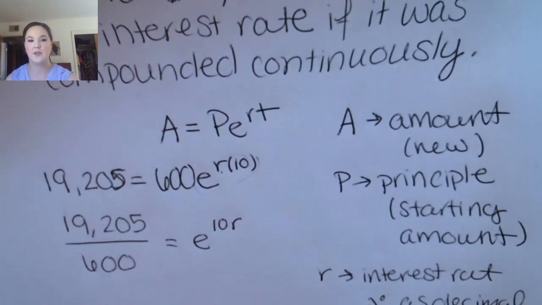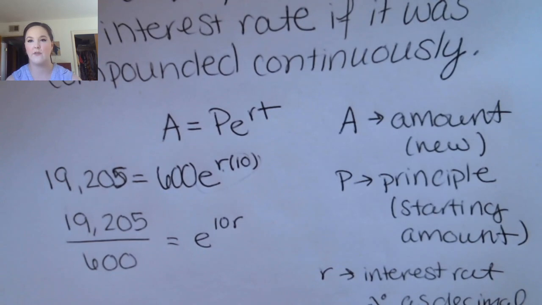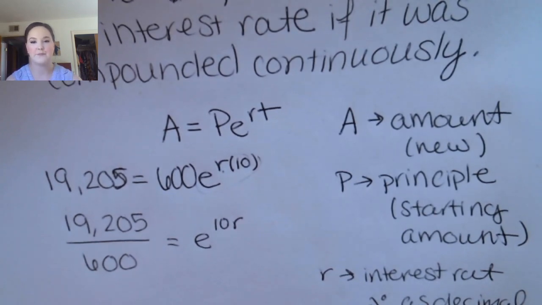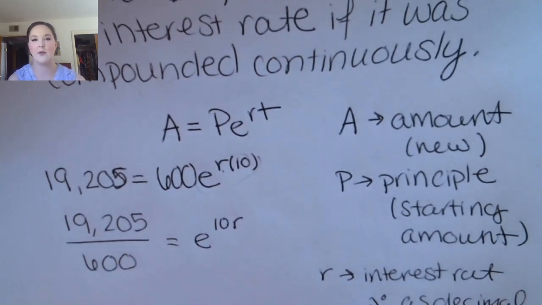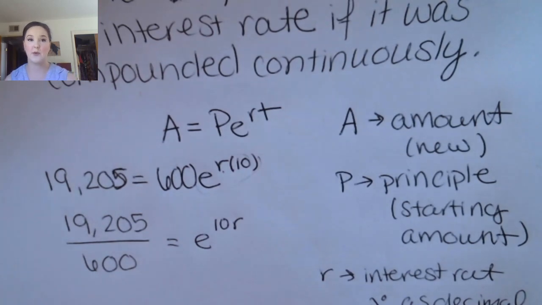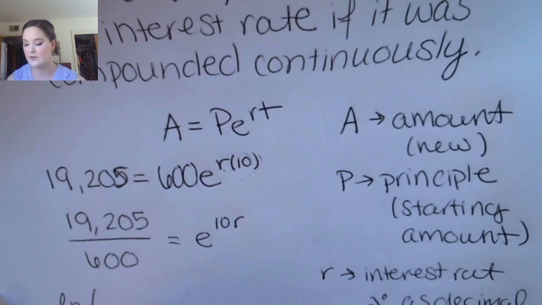Now you can see that this is not really a good candidate for the method where you set the exponents equal to each other, equating exponents, because you can't write this number as a power of e. So instead we're going to use logs. Because we have base e, we're going to take the natural log of both sides.